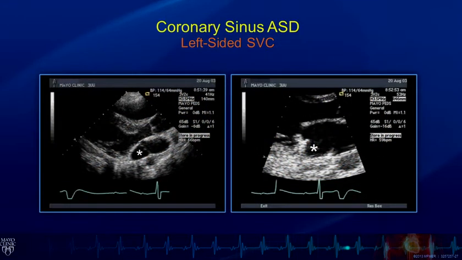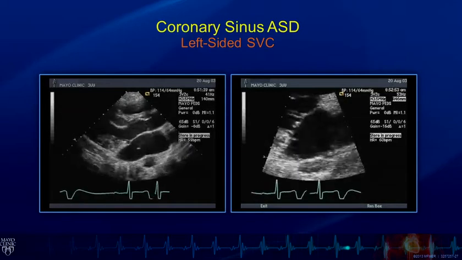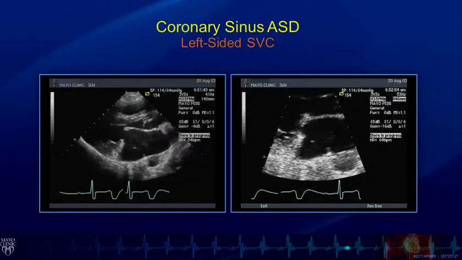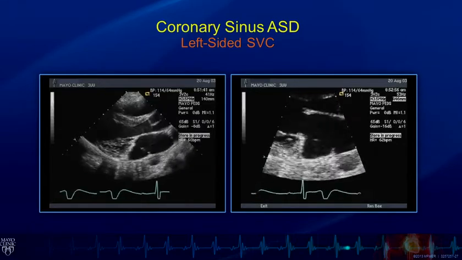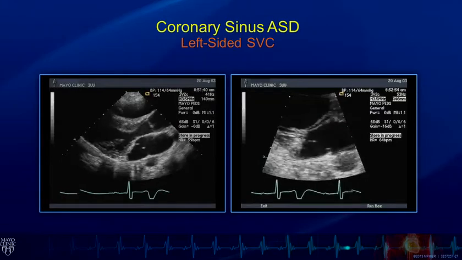This young man presented with right heart enlargement. The asterisk demonstrates the location of the dilated coronary sinus in both views. And as we look at these images in real time, we can see that the separation between the left atrium and the coronary sinus appears incomplete. And indeed, with color flow examination and contrast injection into the left upper extremity, prompt filling of the left atrium was noted.